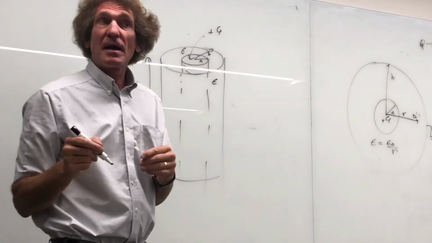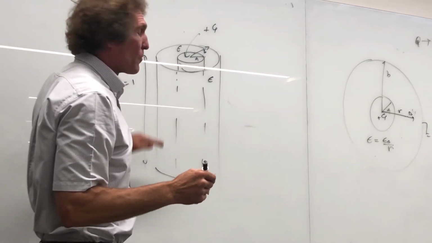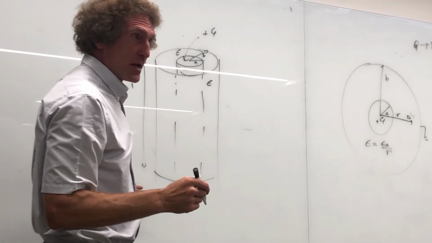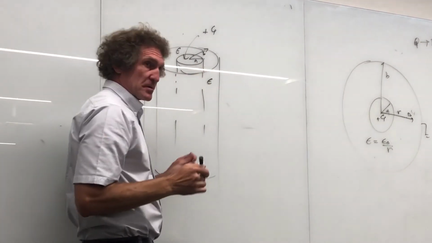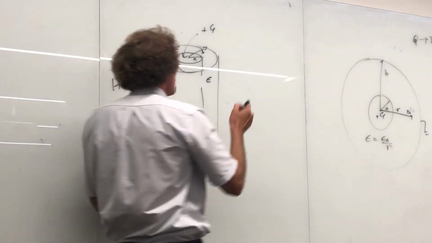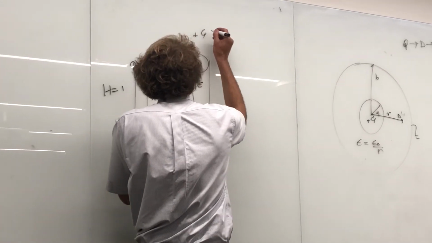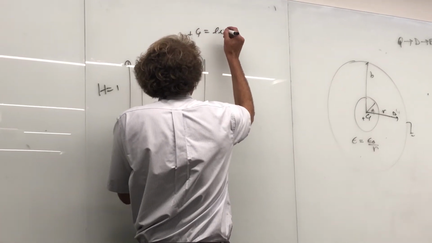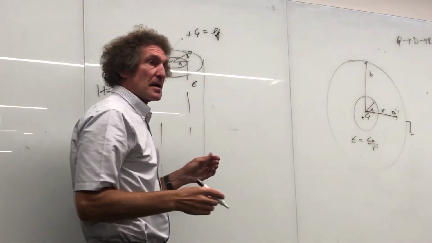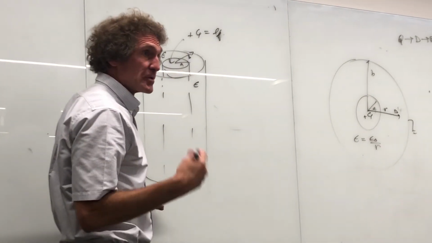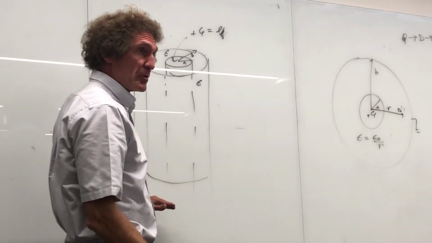Now you can see that that plus Q is distributed over 1 meter, right? And it's going to uniformly distribute itself over the inner surface. Understand, everyone? So really, this is going to be rho L, isn't it? It's going to be the charge per unit length. Do you all agree with that? Because I made it 1 meter, so it's the charge over a meter, or the charge per unit length. Do you agree with me?